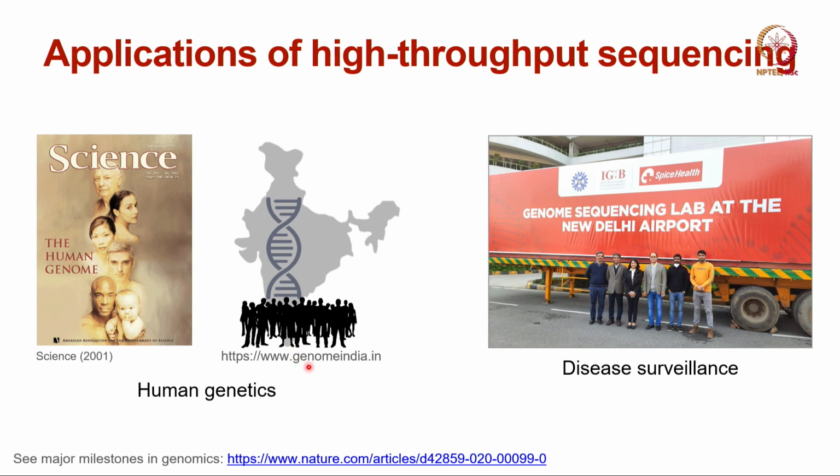An example is the Genome India project, which is sequencing 20,000 individuals of India. Similarly, during the pandemic, you may have encountered genome sequencing labs at the airports where they would take swabs and sequence the pathogens to know the genome sequence and track various SARS-CoV-2 variants.